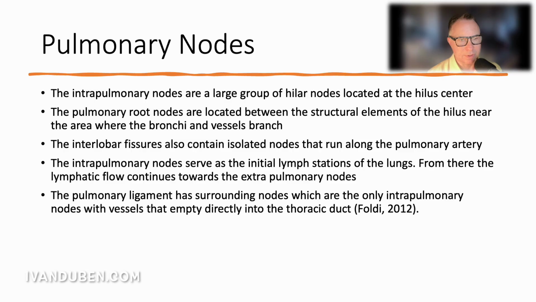The pulmonary ligament has surrounding nodes, which are the only intrapulmonary nodes with vessels that empty directly into the thoracic duct. So here we have a case. Again, as I mentioned before, most ligaments in the body have lymphatic structures traveling through them.